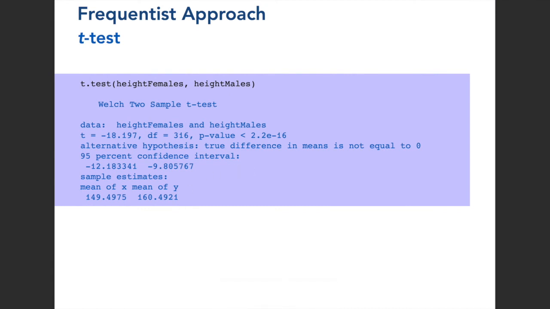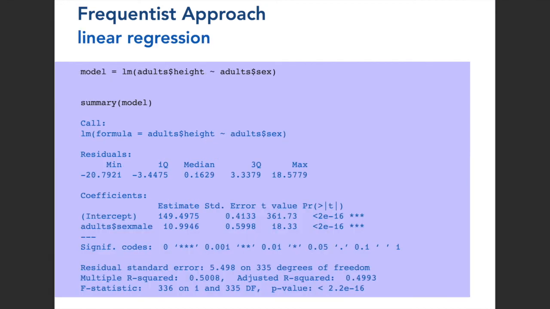And we mentioned early on that a lot of the different tests that you've used are actually really just different forms of linear regression. So now we'll also go over how to analyze these data from a frequentist approach using regression. And it's very easy. It's the same idea as what we did before. We're going to use the linear model function, the LM function in R, and we're comparing the height data to the sex data.